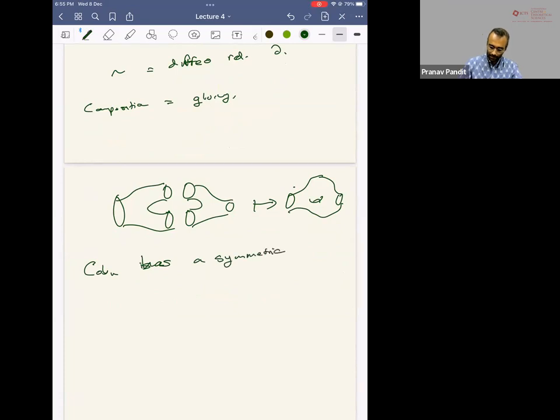It has a multiplication, with tensor being given by disjoint union of manifolds.